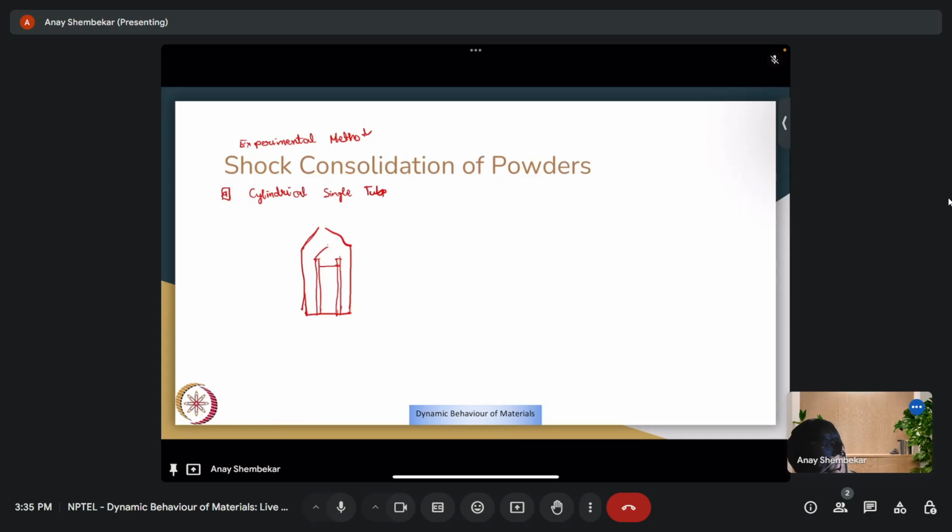You may have a plug. You have another plug at bottom. This is the powder to be compacted, placed in the center. This is the explosive. It's the detonator. These two are plugs.